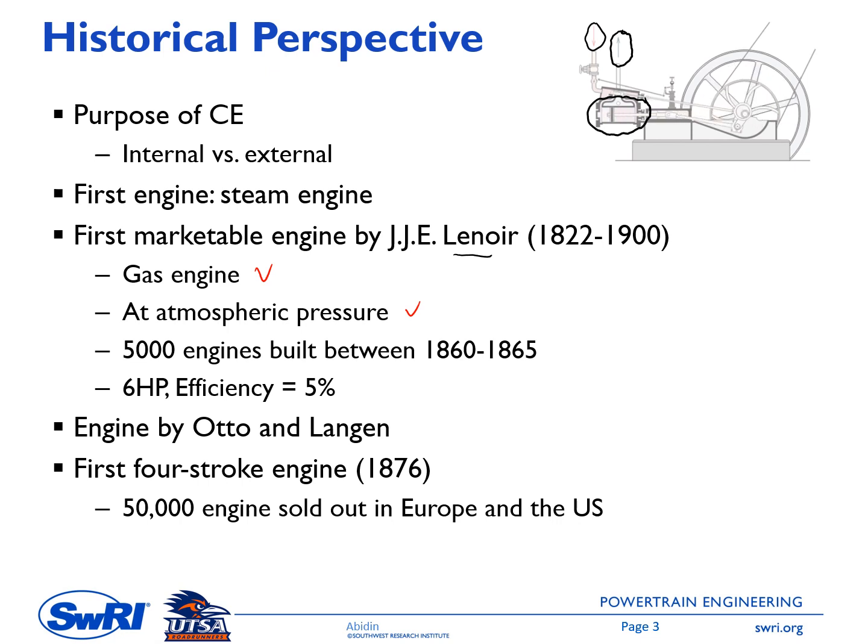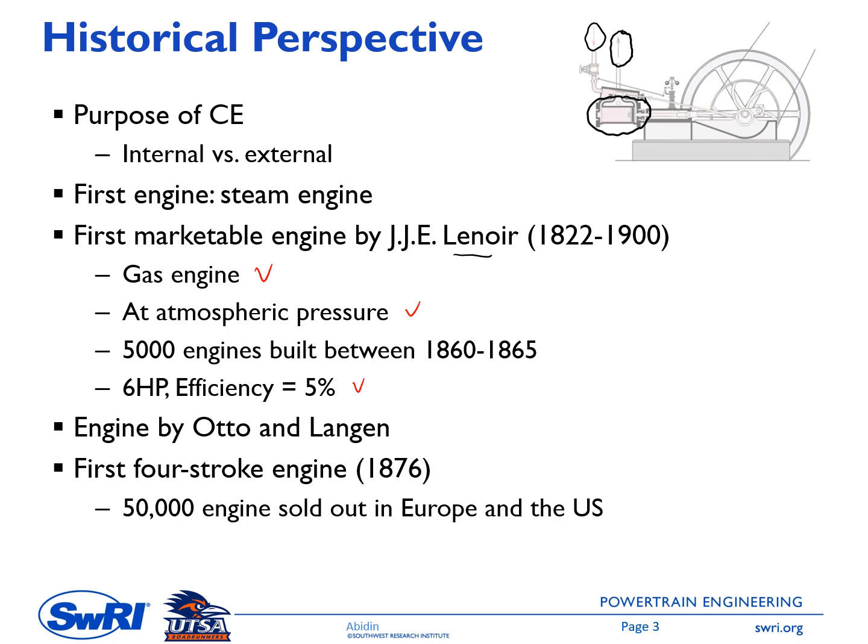So this is a kind of two-stroke engine. 5,000 engines were built between 1860 and 1865, and the first engine here has a power of 6 horsepower. So it's quite small power. And the efficiency is only 5%. That means 95% of the energy input to the engine is lost, either through heat transfer or by exiting the engine along with the exhaust gas.